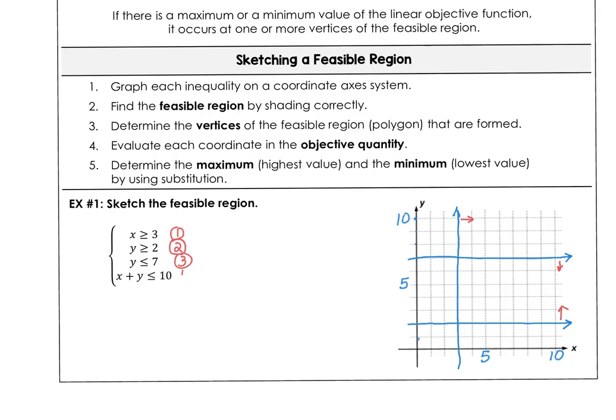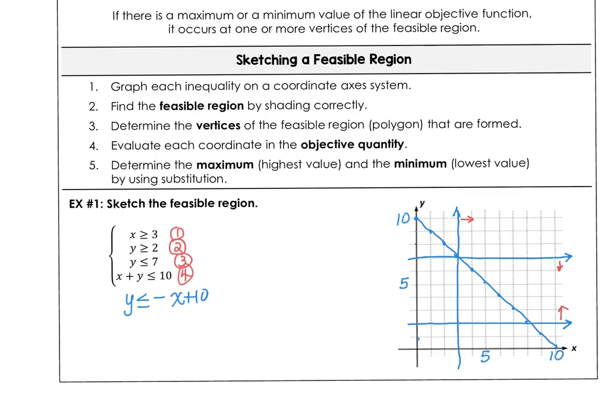And then in our fourth equation, we need to do a little bit of algebra. All the numbers that add up to 10, two numbers, x and y, that add up to 10, would be y is less than or equal to negative x plus 10. So we're going to have a solid line going down from 10 across this way with a negative 1 slope, and it would meet up on the x-axis with 10.